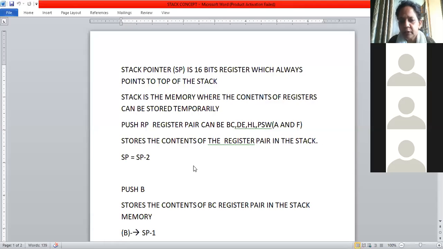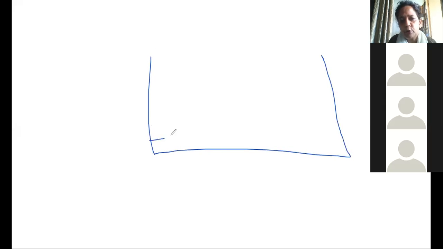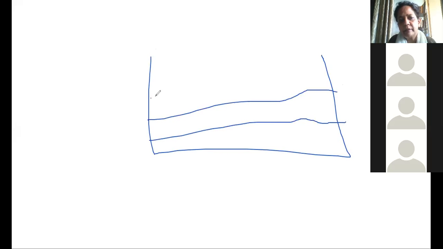Stack is nothing but the memory contents. And in that memory, you have a top of the memory which is called the stack pointer. If you see here, this is nothing but the memory that you have, and you have certain addresses of the memory.